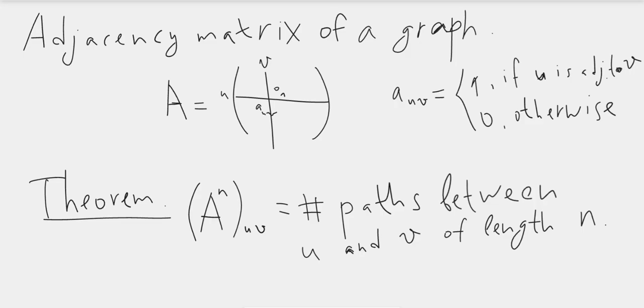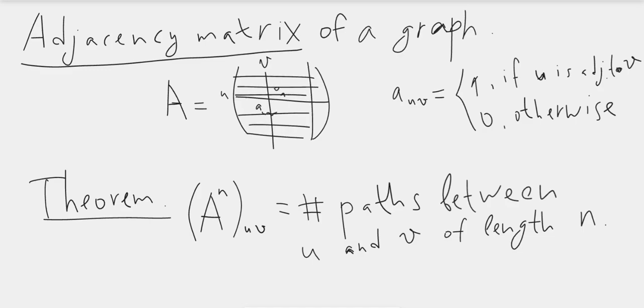The adjacency matrix of a graph is a matrix where all rows and all columns correspond to vertices, both columns and rows.